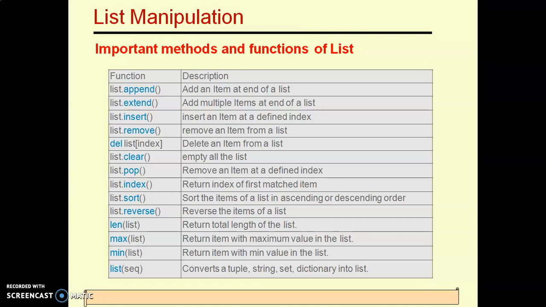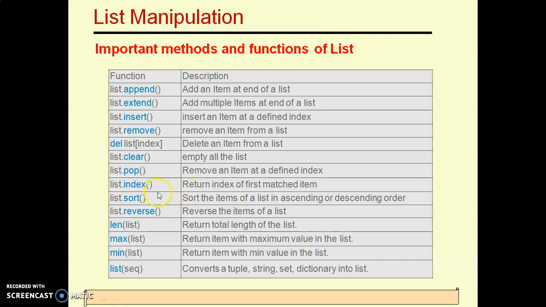Delete removes the item from a list, and pop removes the item from a list depending on the index, at a defined index. So the index is important in the pop part, right?